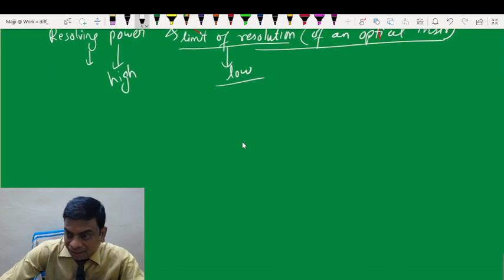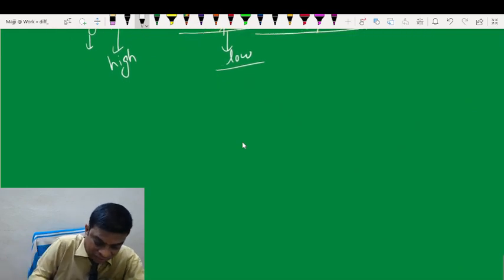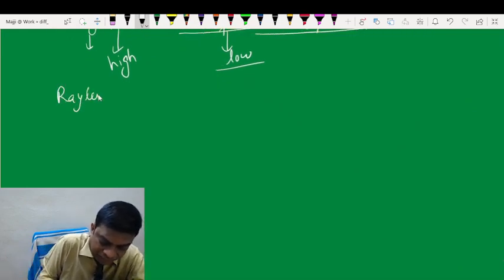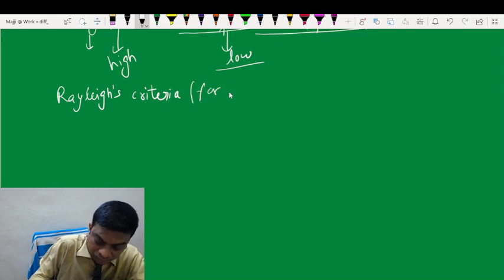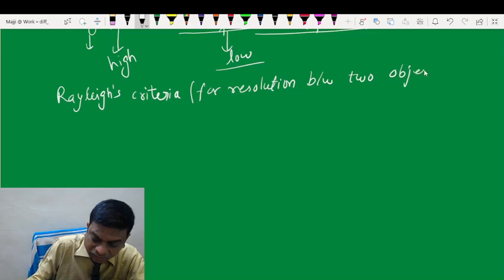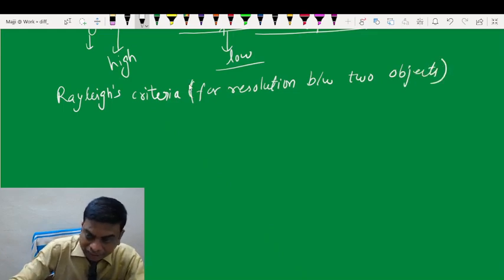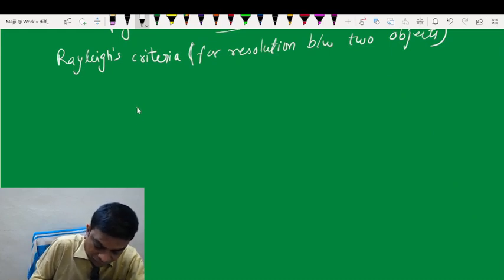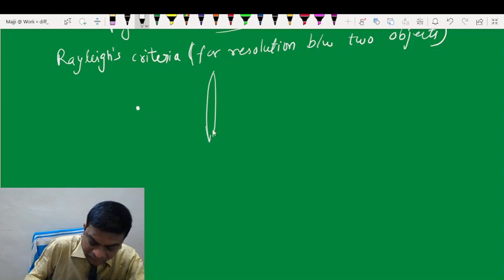So now what is Rayleigh's criterion for resolution between two objects, point objects of course? Let us try to understand. Suppose you have a point object, when seen through the instrument, let us say a telescope.